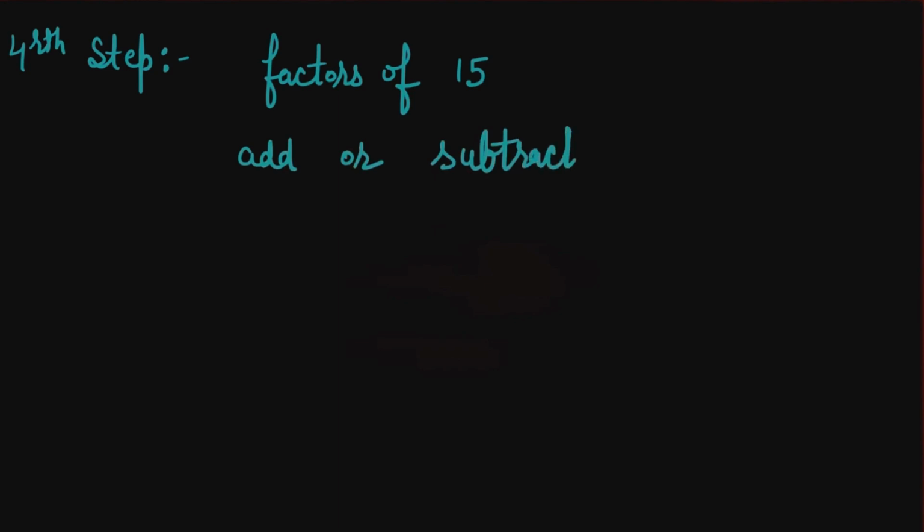Fourth step is to arrange the factors of 15 in such a way that when we add or subtract, we should get minus 2, which is B, and when we multiply the factors of 15, we should get AC, which is minus 15.